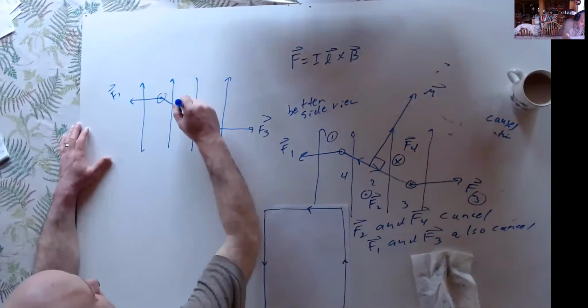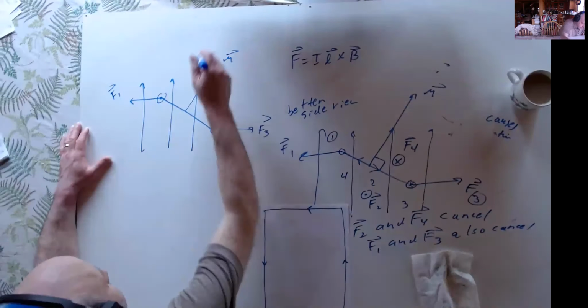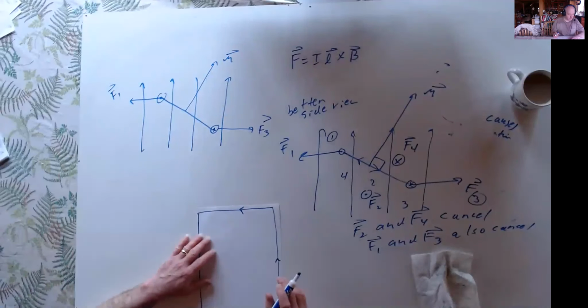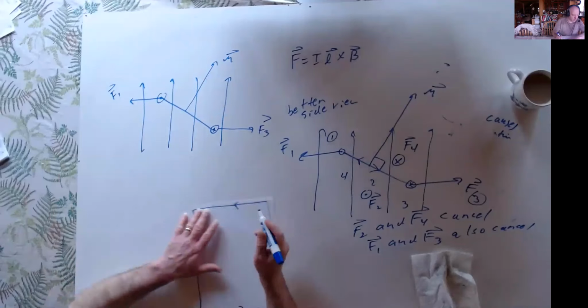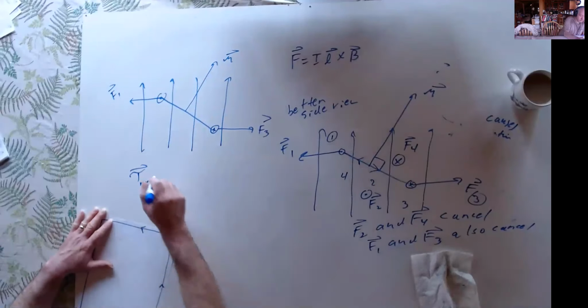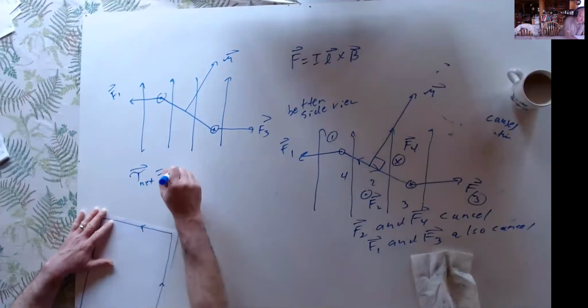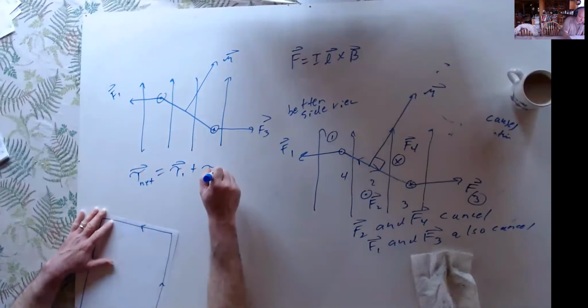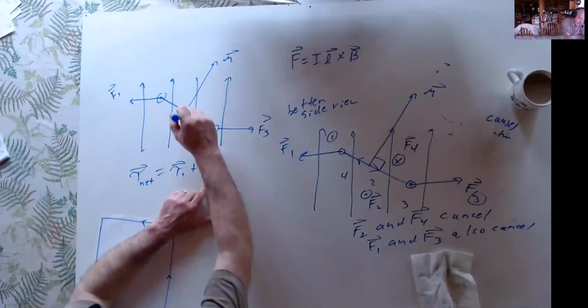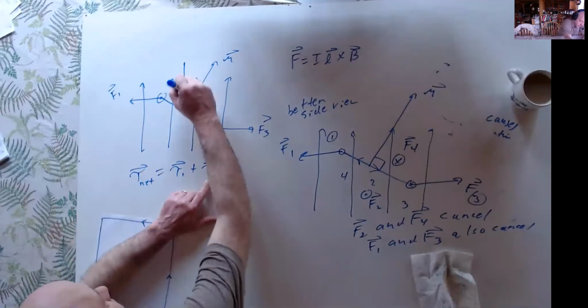And this right here is our mu. Okay, that's what we have. So I'm going to say that the net torque, or the total torque, has to be the torque from the first one plus the torque from the third one, meaning on the first side and on the third side. And right here at the center, this is my pivot.